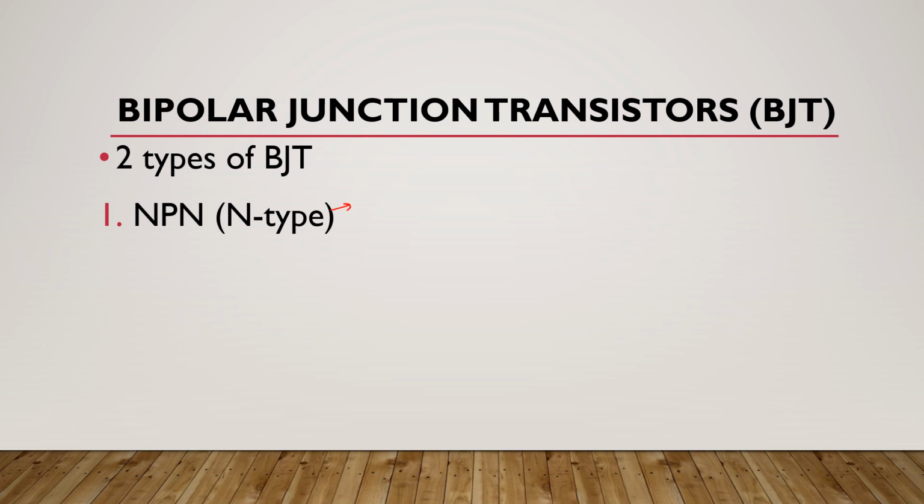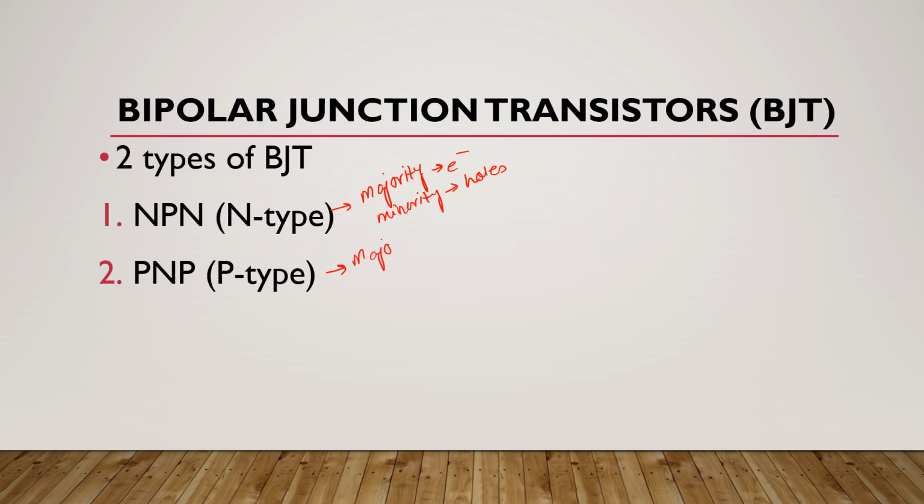In this type, majority charge carriers are electrons and minority charge carriers are holes. And the second type is PNP or P-type BJT, where majority charge carriers are holes and minority charge carriers are electrons.